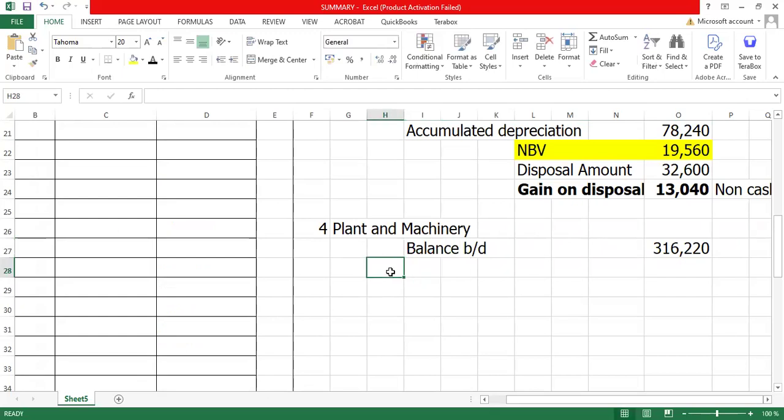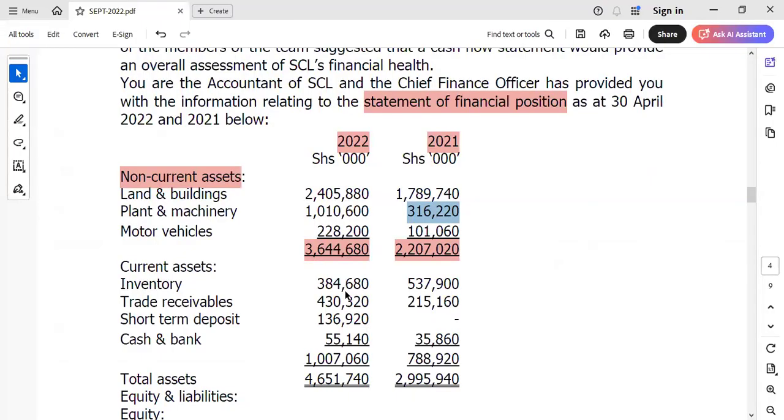You add, remember what I said last time, you add revaluation gain, if it's there. Do you have revaluation gain? How do you know you have revaluation gain or revaluation loss?